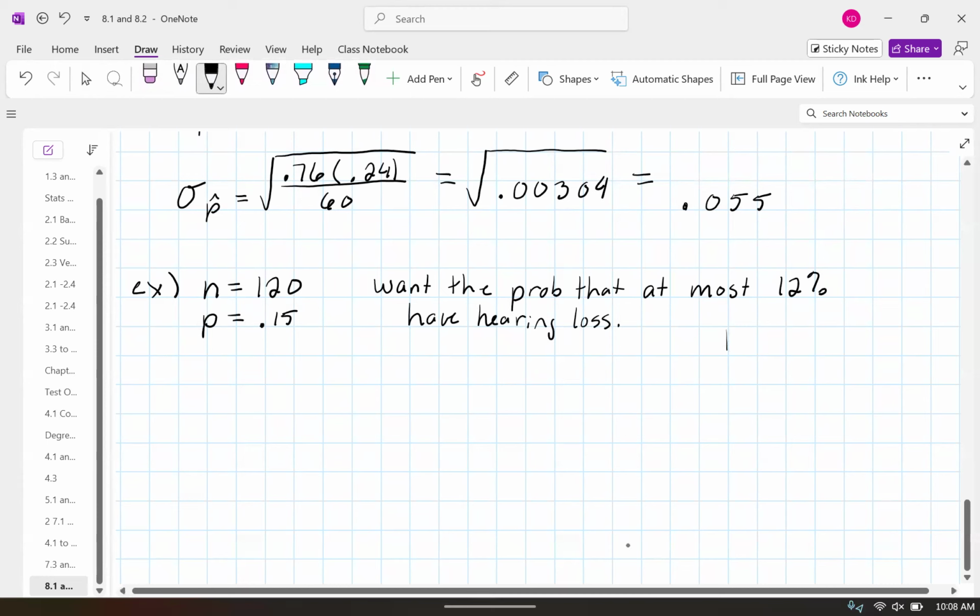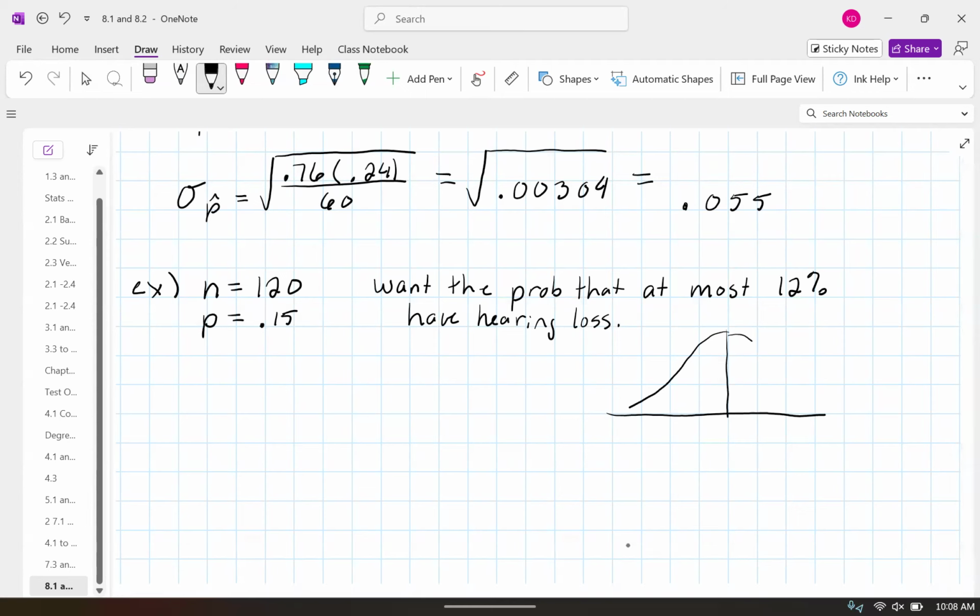If we were to draw this out, which always helps in my opinion, our population mean is 0.15, and 12% turns into 0.12. So this is less than the mean. Your data value is going to be here-ish, and we want the percent of that or less.